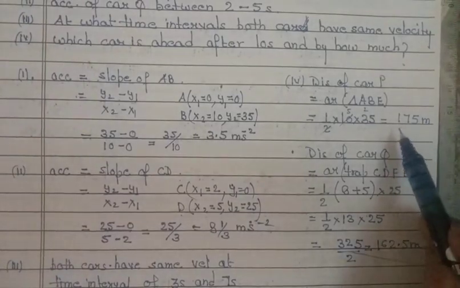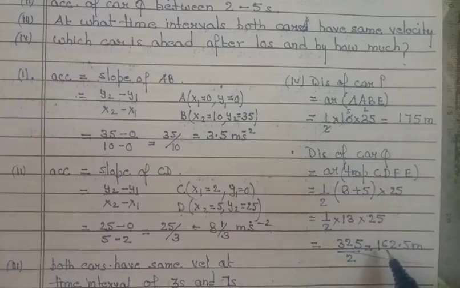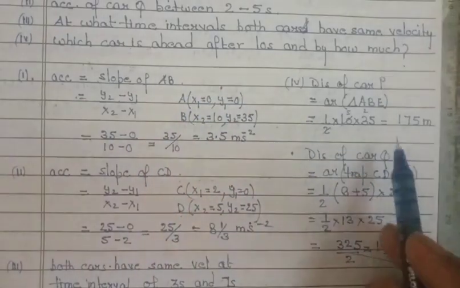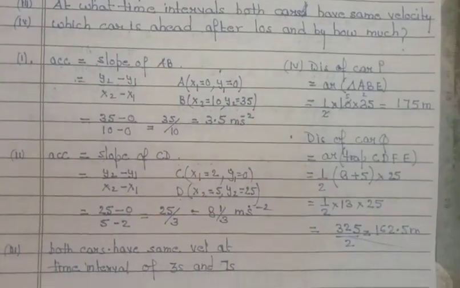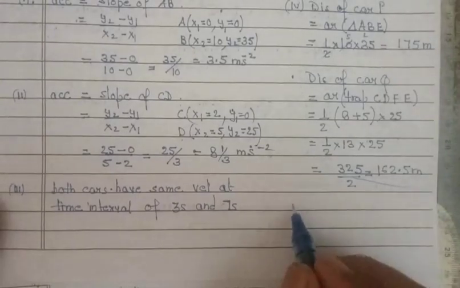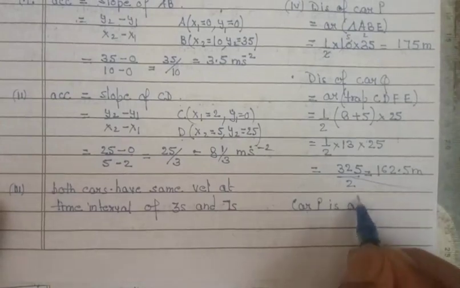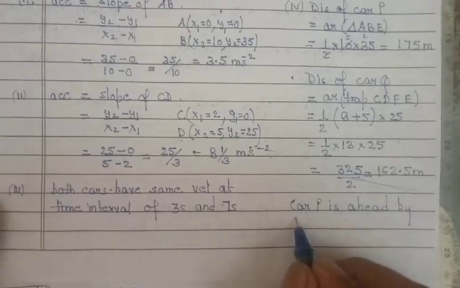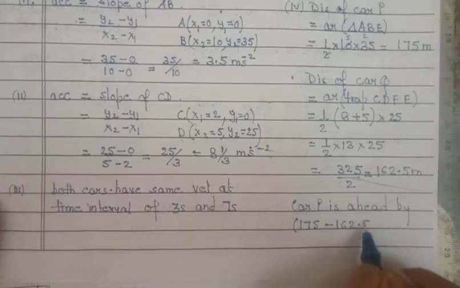So you can see the distance traveled by car P is more than the distance traveled by the car Q. And the question says which car is ahead. So we can say car P is ahead, and by how much? If you subtract, from 175 you subtract 162.5.